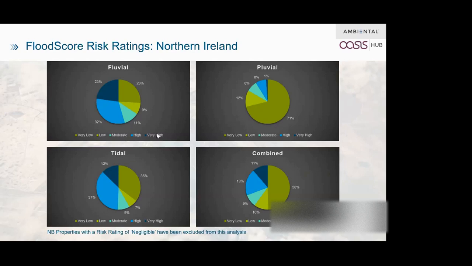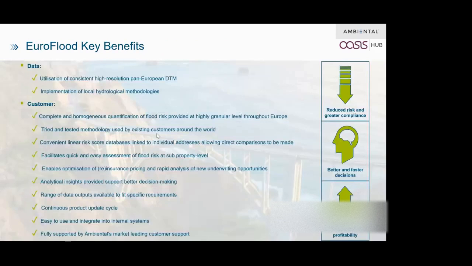And although we can see that the majority of properties affected specifically by pluvial flooding are calculated as having very low risk, there are many more properties affected in absolute terms, which is why it is the most dominant flood risk in this region. And on to the next slide, please, Rob.